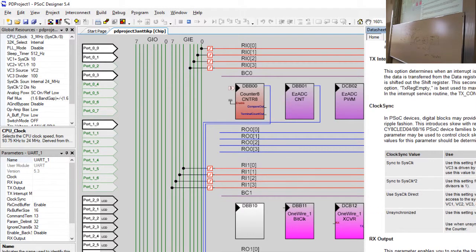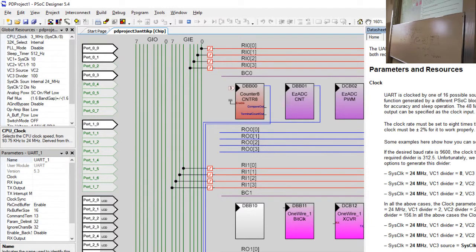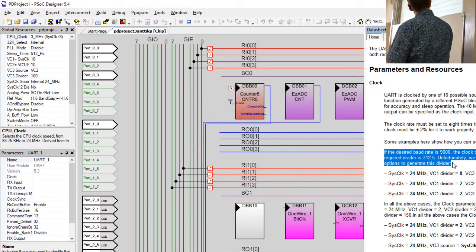See, this is clock. Clock, yeah. All right, there you go. If the desired baud rate is 9,600, the clock to the UART should be 8 times that, so meaning 76.8 kilohertz. And those are the ways you can get it close enough.